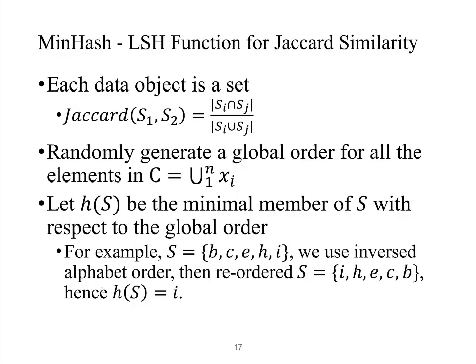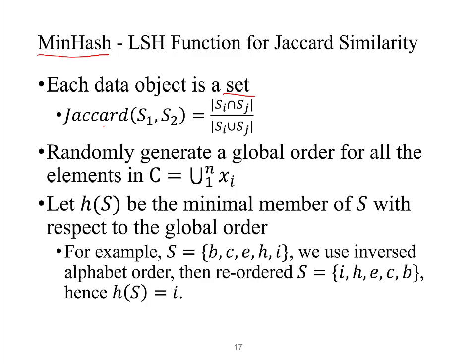All right, so let's start from Jaccard similarity, where the LSH function or the hashing schema is also called a min hash. When we discuss Jaccard similarity, it is about sets, so the input is a set. Each data object is a set.